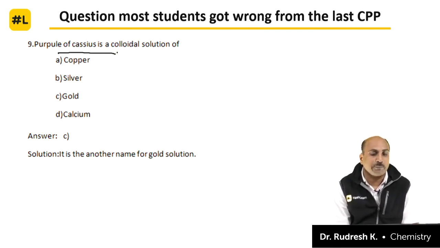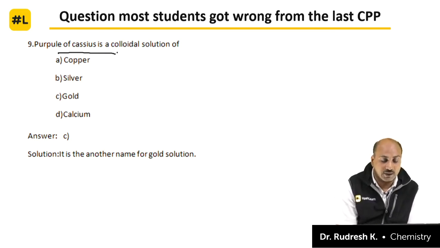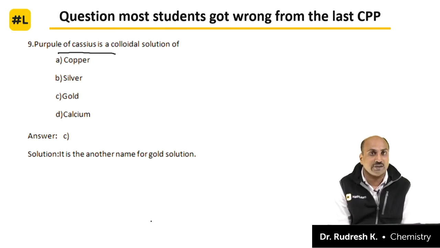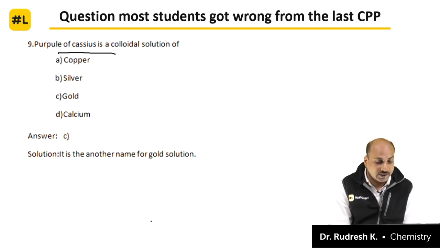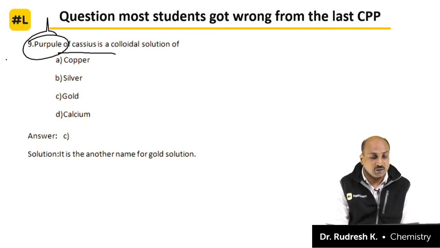When you take gold particles of nanoparticle size, from 10 to 50 nanometers, the color of the gold turns purple. In the macro state, gold is yellow in color. When it becomes a fine particle less than 1 nanometer in size, it becomes black. But if the size varies from 10 nanometers to 15 nanometers, then the color of the gold will be purple. That is the reason this question was given, based on the application of colloids.